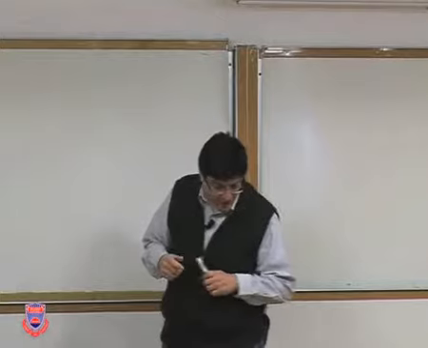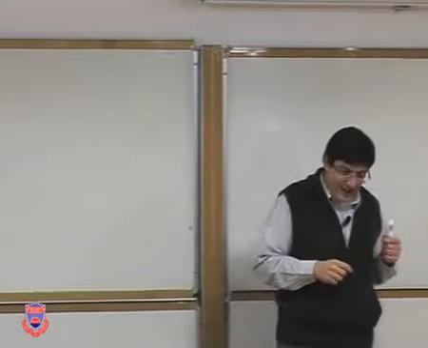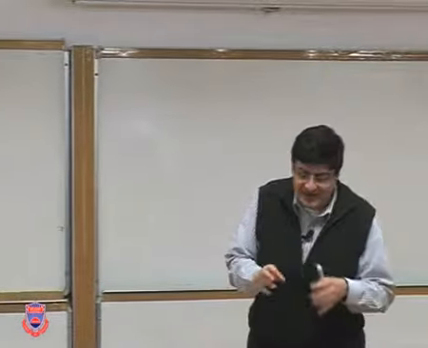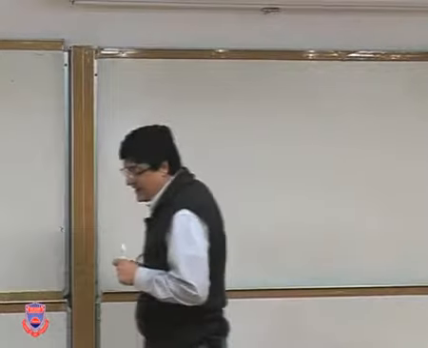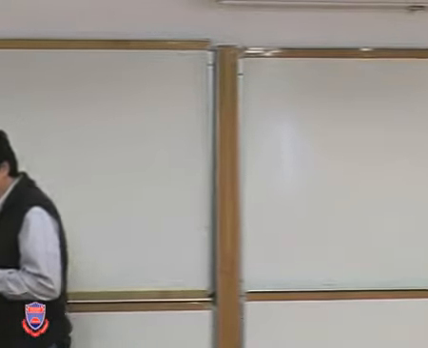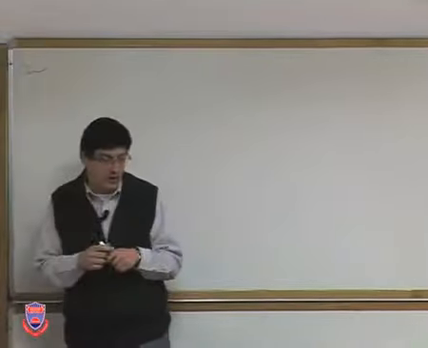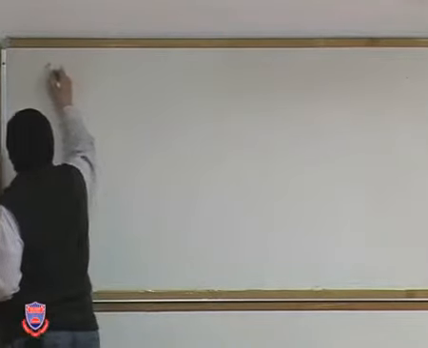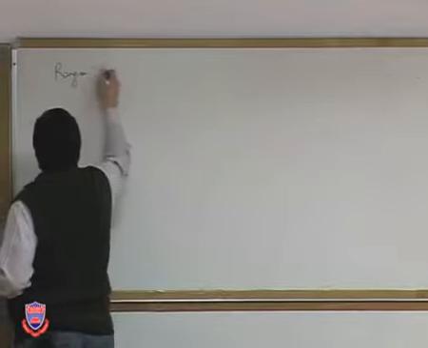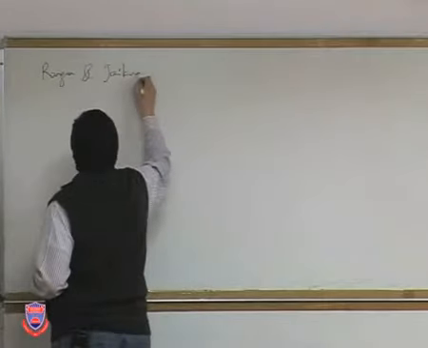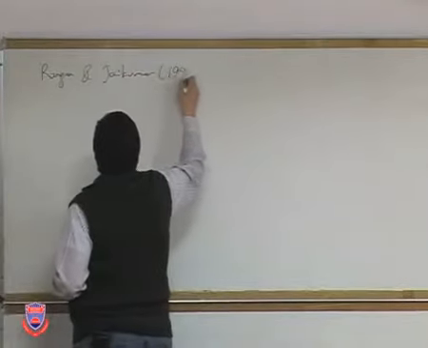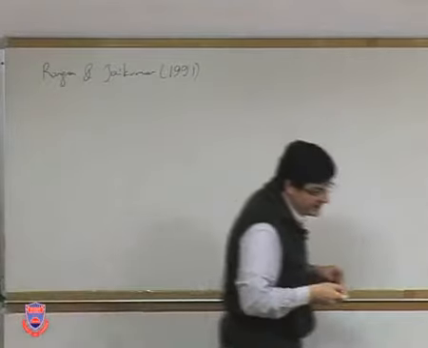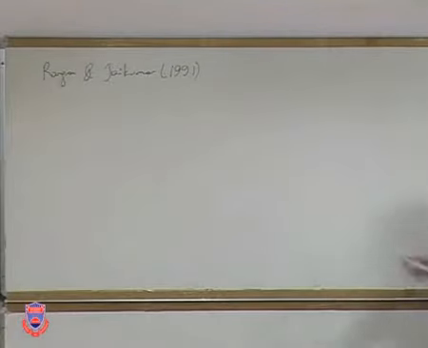Okay, today I'm going to talk about a paper which is interesting in a number of aspects. By the way, this is the paper by Rangan and Jaikumar, and I think it goes back all the way to 1990 or 1991.